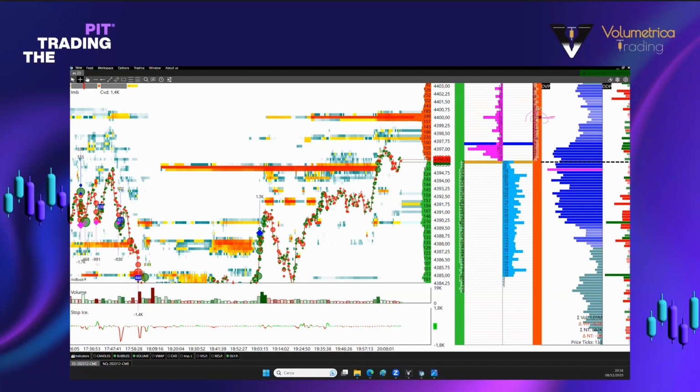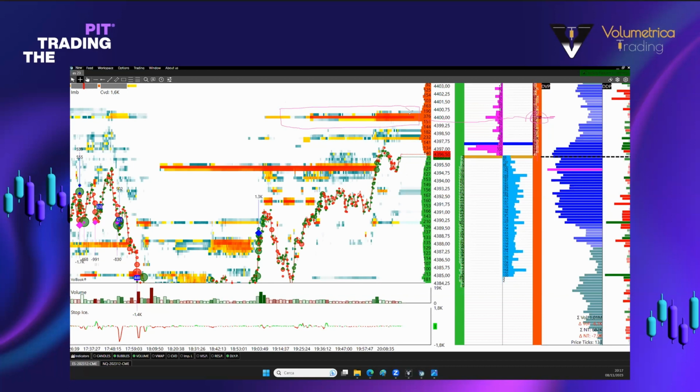In fact, exactly here, we have a thick band, red, orange, showing exactly that compared to close levels above and below price, here there are many passive sellers in the book, waiting to have their passive orders filled.